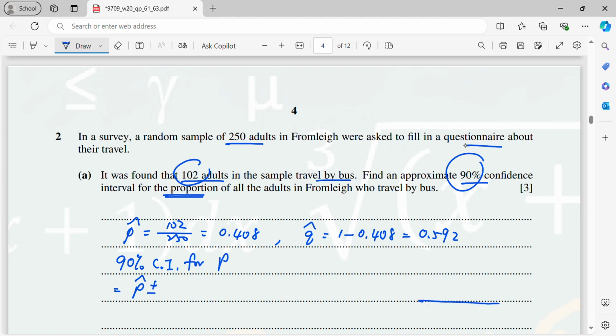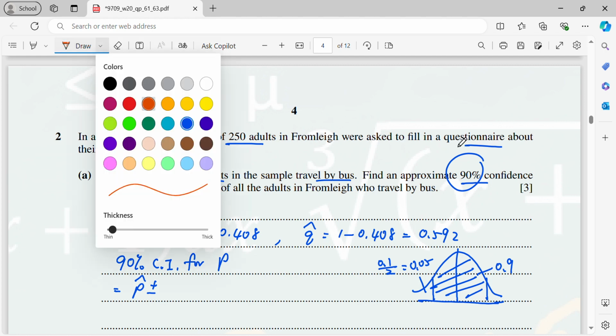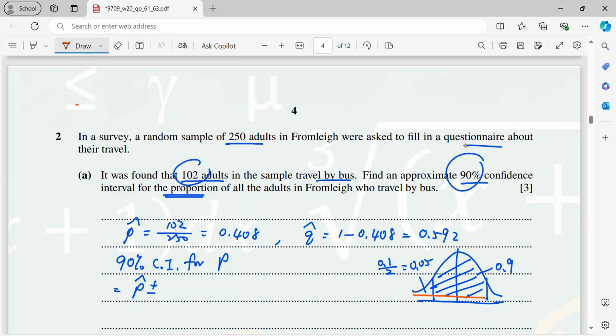Now for a 90% interval for proportion we always use the normal table. Here is 90%, and I will have another 0.1 shared by the left and right sides. Now 0.1 divided by 2 is 0.05, which means the total region here is 0.95.